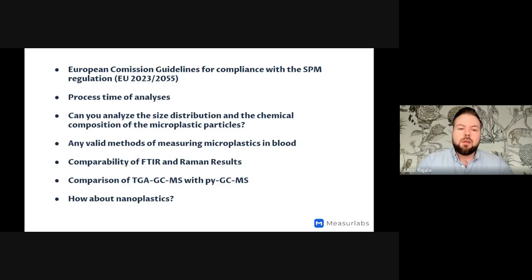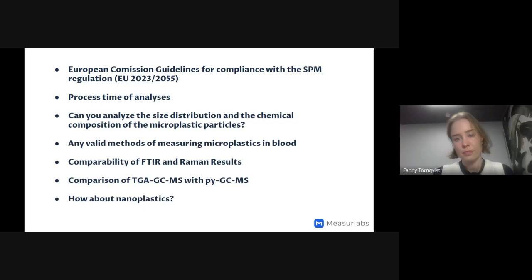For tissue samples, pretty much the same: a minimum of 1 gram, and at least 2 grams would be best. Quite a difference between the environmental and the biological samples.